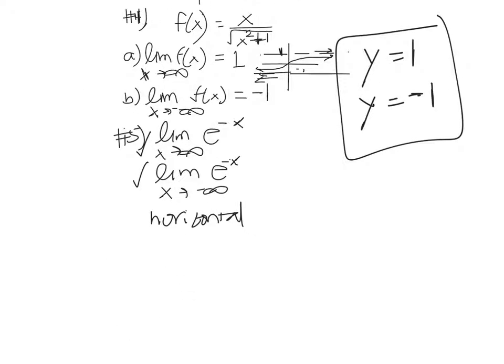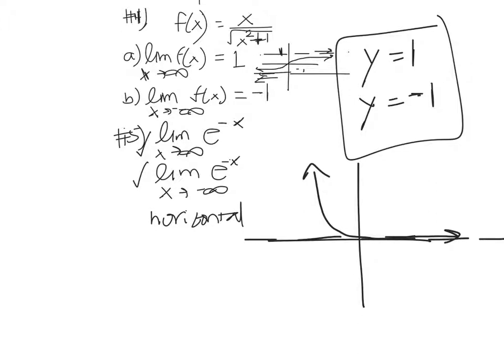All right, so let's graph this one. Go to your calculator, and we do e to the negative x. You should maybe kind of have an idea of what that looks like. It's an exponential function, but it's a negative x, so it's going to be decreasing like this. Okay, so let's talk about the limit. Now, the limit as x goes out to infinity, there is a horizontal asymptote here at y equals 0.